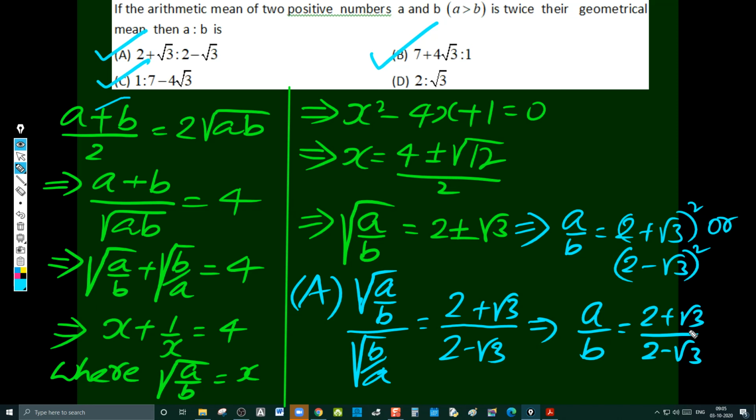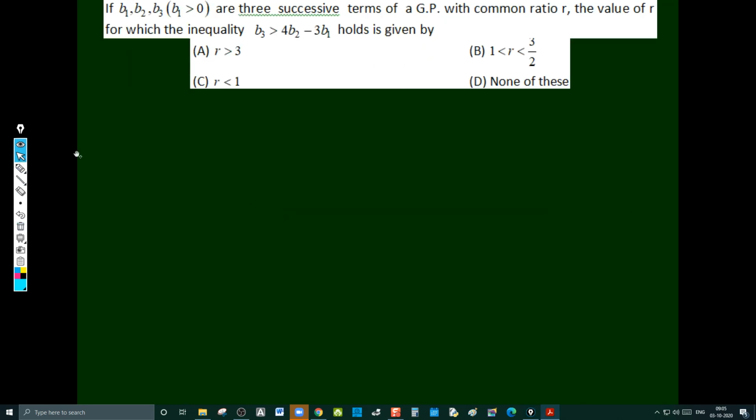Next one please. B1, B2, B3, B1 greater than 0 are three successive terms of a GP with common ratio R. The value of R for which the inequality B3 greater than 4B2 minus 3B1 holds is given by... Because B1 is greater than 0 and they are given to be three successive terms of a GP, let me take the common ratio as R, and the terms as B1, B1R, B1R square.